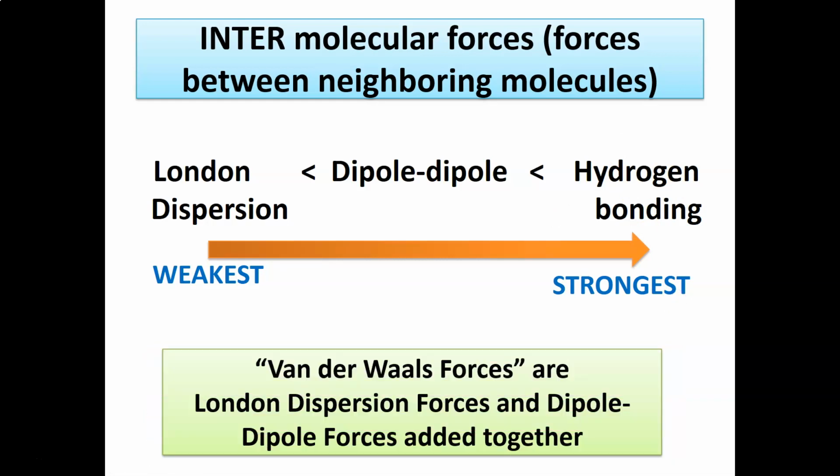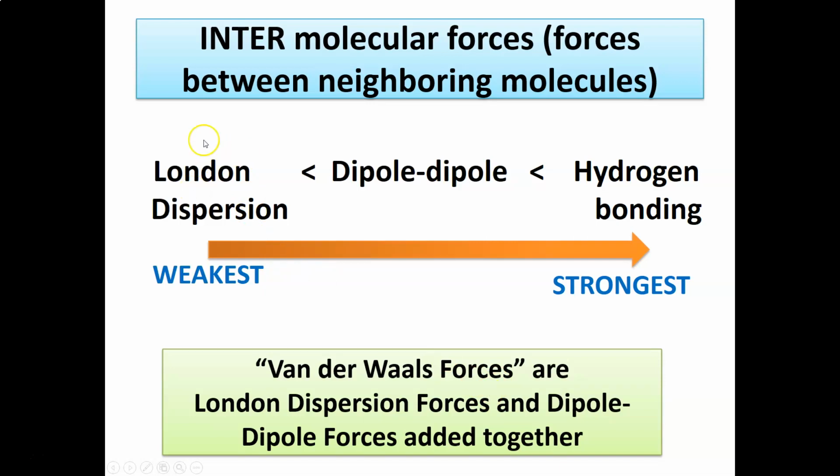Sometimes you may see the phrase van der Waals forces. Van der Waals forces are the sum of all London dispersion forces and dipole-dipoles added together. The reason they get lumped together into one big category is because they're very hard to measure individually.